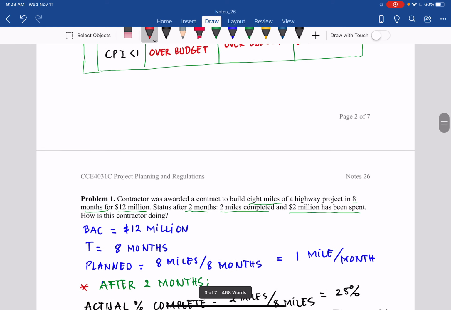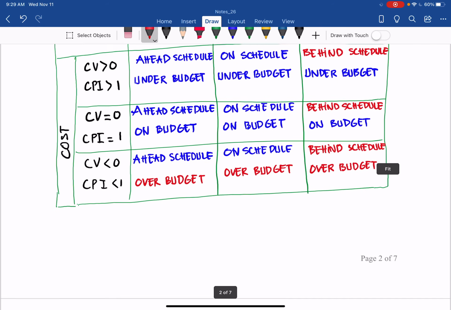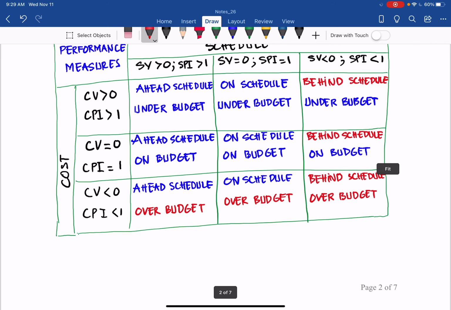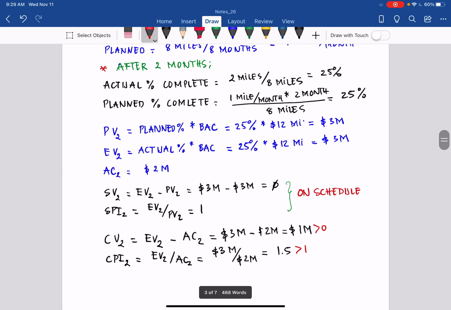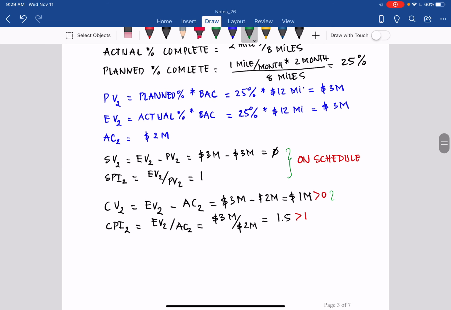Going back to the table, on the first row, CV greater than 0 and CPI greater than 1 means it's under budget. So we can say that it is under budget.